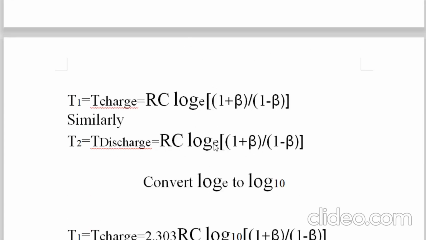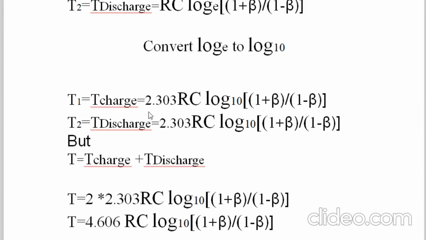Now convert log base e to log 10. When you convert log base e to log 10, you have to multiply by 2.303. So T charge is equal to 2.303, same R, same C, log to the base 10 into bracket 1 plus beta divided by 1 minus beta. Same for T discharge, but the total time T is equal to T charge plus T discharge.